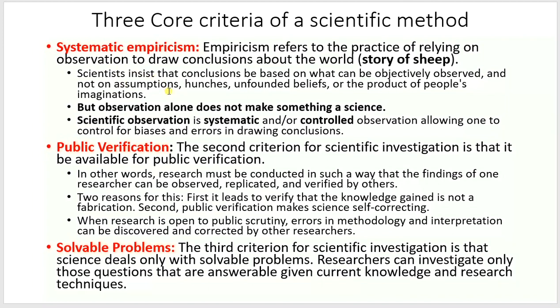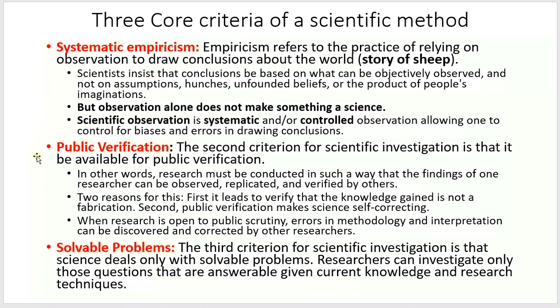The second aspect is public verification. Public verification means the observations made by scientists are available for verification by others also. So if we are following a scientific method, it should be very clear, precise, and replicable.